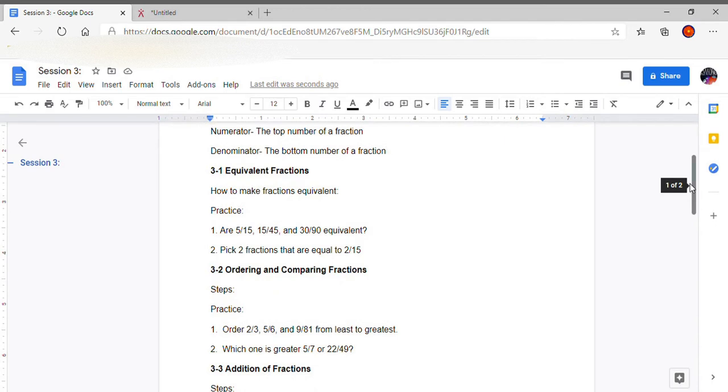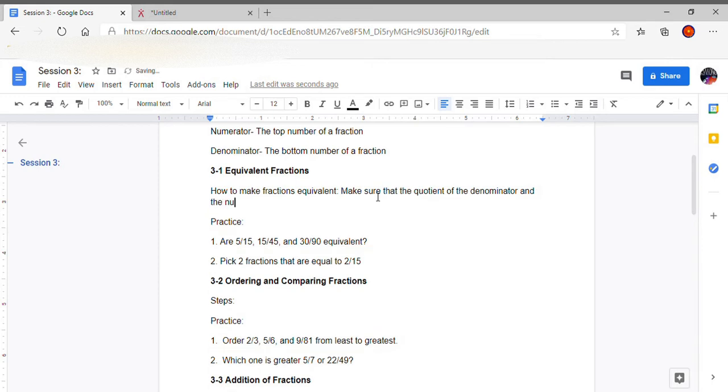How to make fractions equivalent. So the first step is to make sure that the quotient, that means the answer to a division problem, the quotient of the denominator and the numerator is the same.